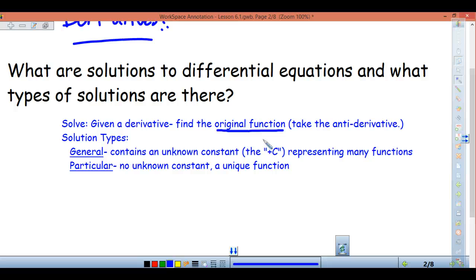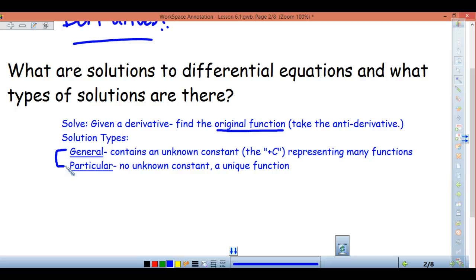So there's two different types of solutions, just to put them into categories. When you solve a differential equation, you might get either the general solution or the particular solution. The general solution contains an unknown constant, which is like the plus c. So then your answer represents many functions since there's an unknown constant in there.